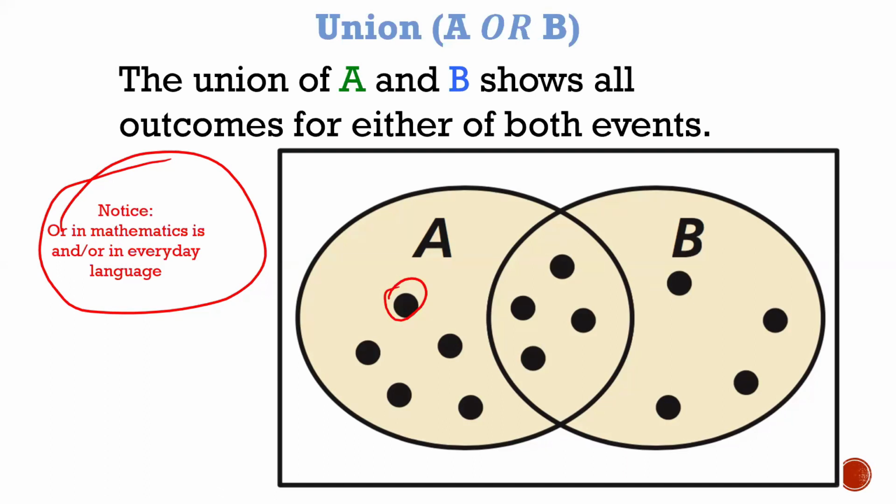In mathematics, you would be able to take both. So sometimes we say and/or to mean that. That is the definition of the word or in mathematics. That's called the inclusive or.